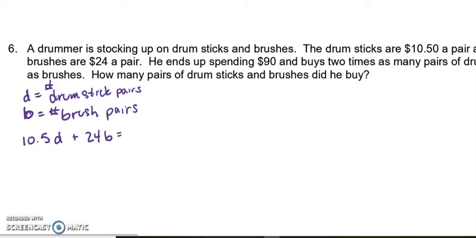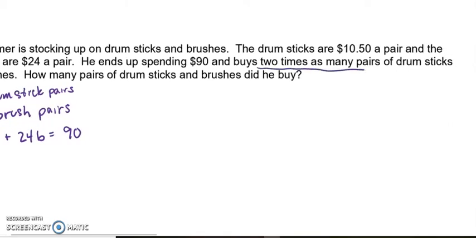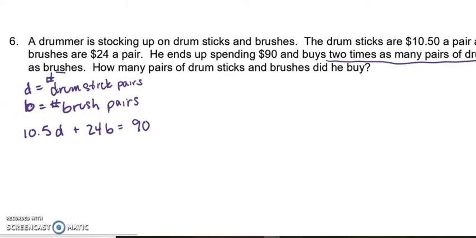And the money total, because money goes with money, is $90. But this time it says he buys 2 times as many pairs of drumsticks as brushes. So they're buying more drumsticks. So the drumsticks equals 2B. So that would be the second equation. And these are actually kind of nice because they're already set up for what you need.